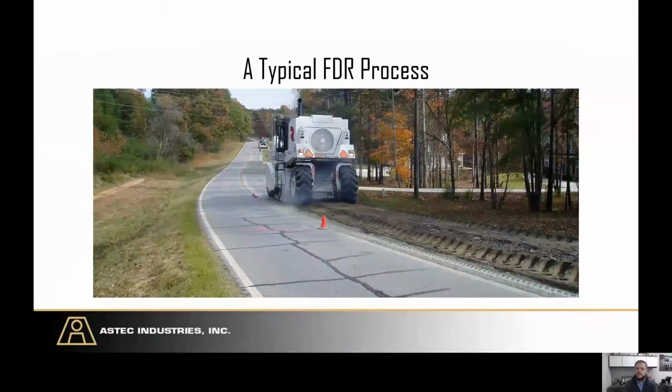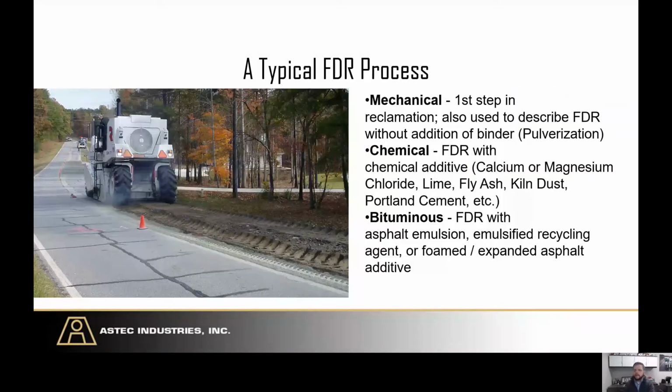So then there is full depth reclamation, and a typical FDR process might look like so. There are a few different types of FDR. Mechanical, where we're really just pulverizing the material, not adding any additive to it. We're just going to reorient the material, add some water, and then recompact.